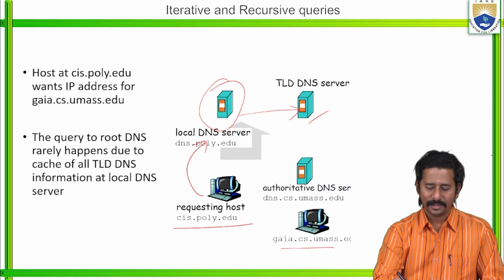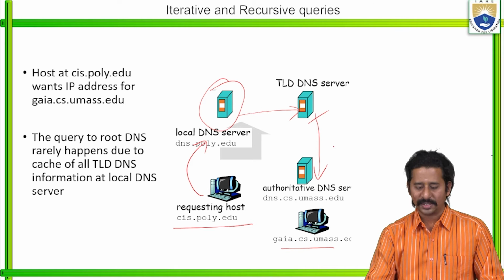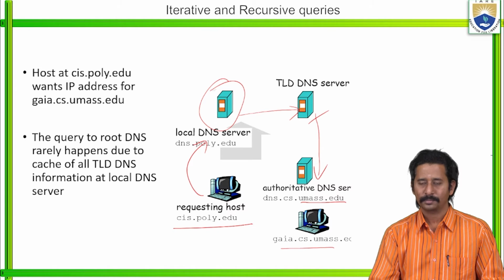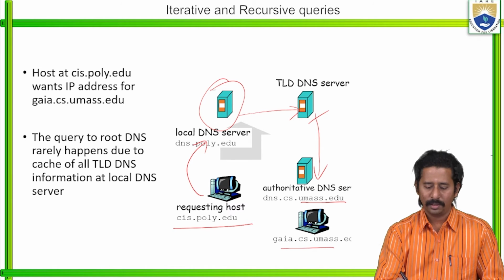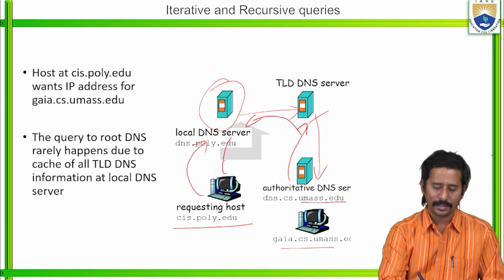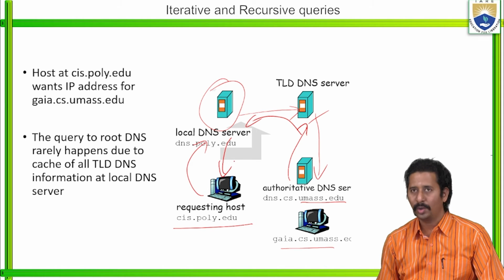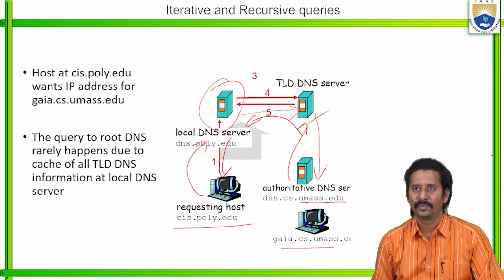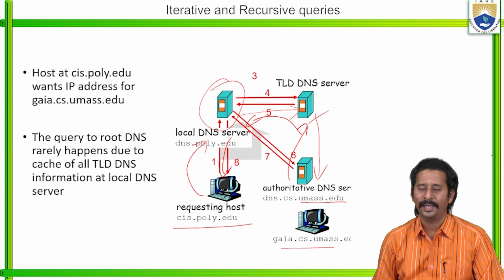So based upon this, the TLD DNS server accesses information from the authoritative DNS server, which consists of information, see here, umass.edu. Right? So now the information is extracted and that is transmitted to the requesting host. Those are iterative and recursive queries. See, this is the first step, second step, third step, fourth step, fifth step, sixth step, again 7 and 8.